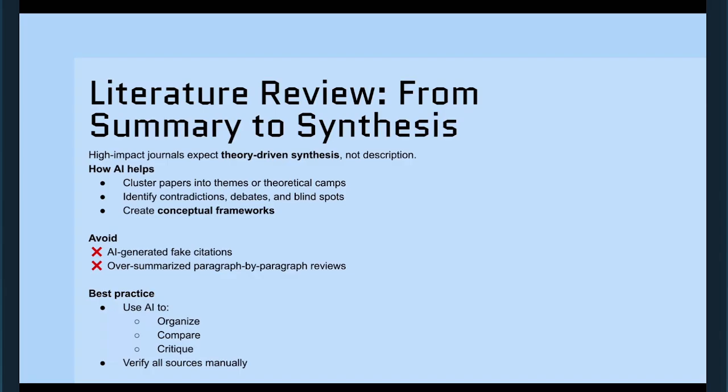Now, what is the thing which we should never do? See, AI will provide citations. They will always provide the citations. But the first thing is you need not rely on that. You have to always, always, always verify any kind of information which is given to you by the AI. All right.